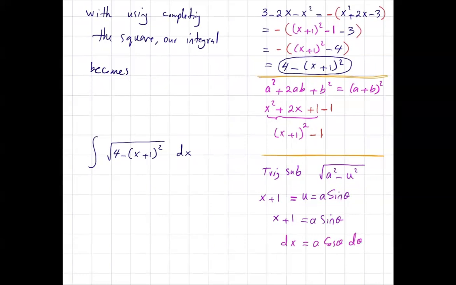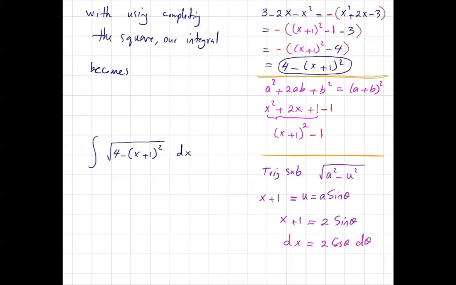But what is a? A is equal to 2. So here we go. X plus 1 is equal to 2 times sine theta, and dx is equal to 2 cosine theta d theta.